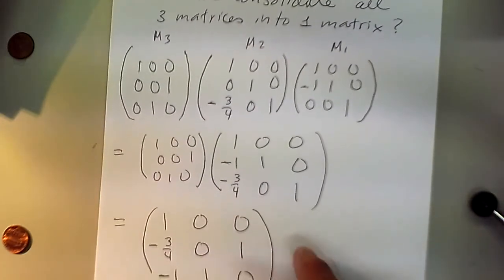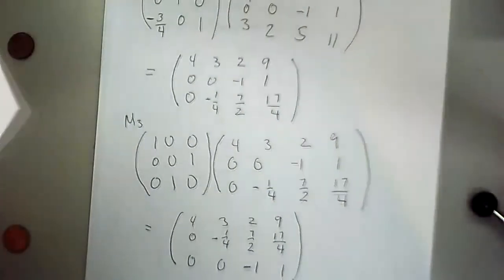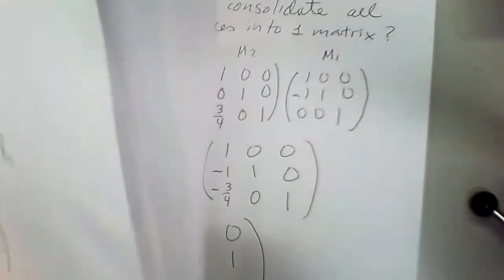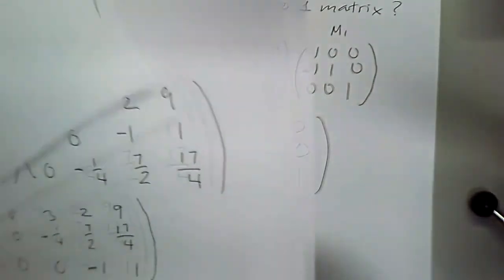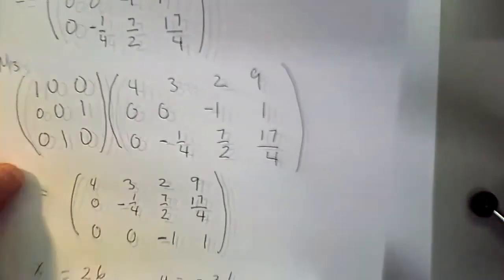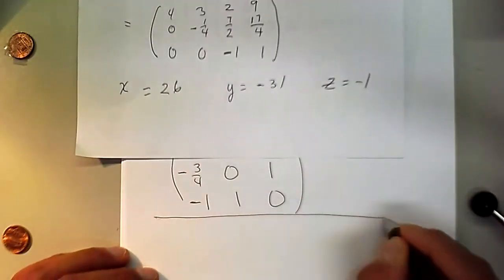And our goal is to obtain upper triangular systems, such as this one. Well, let me just write down what we ended up with here. This is just to show you.